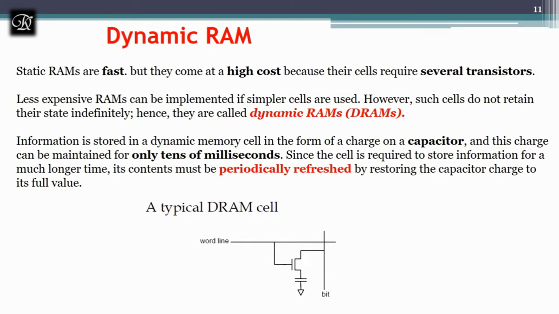A sense amplifier connected to the bit line detects the charge in the capacitor, and reads the value if it is above the threshold value. If it is not above the threshold value, it does not have valid data. So we have to periodically recharge the capacitor so that it can retain the data for a longer time.